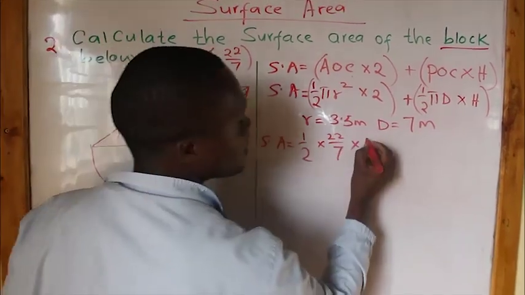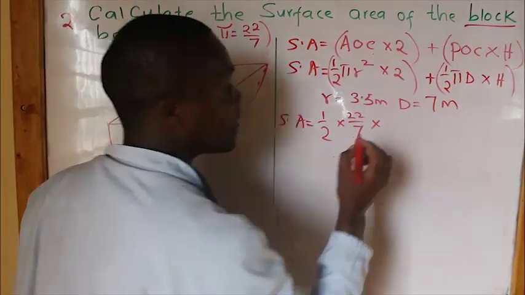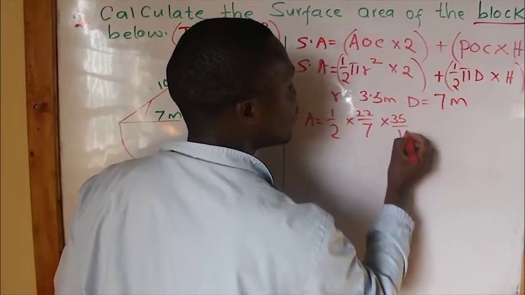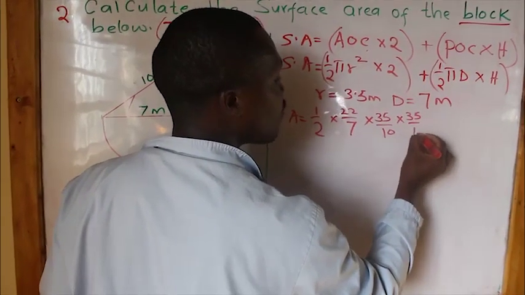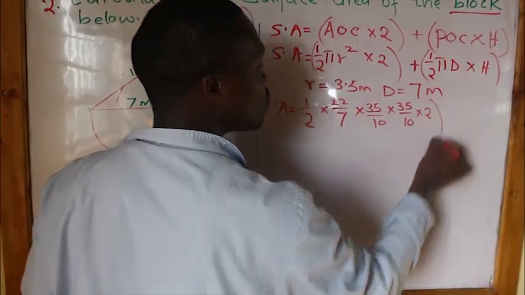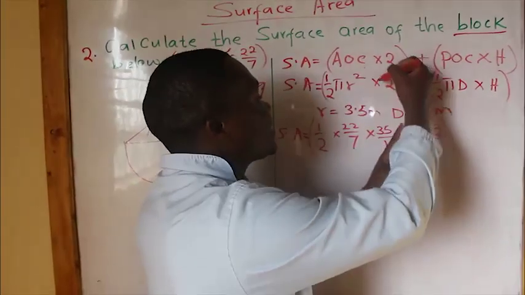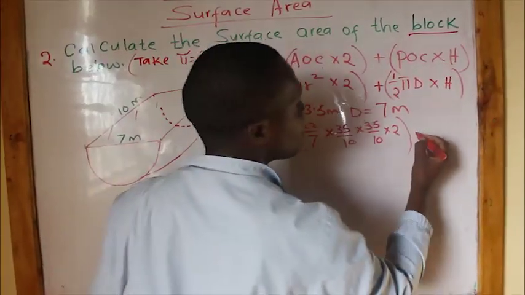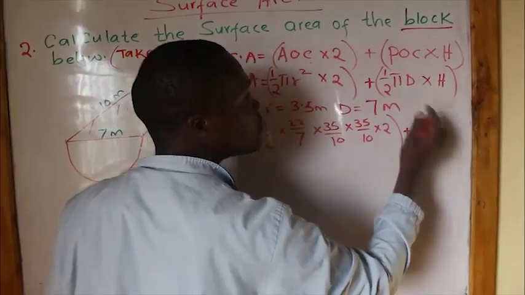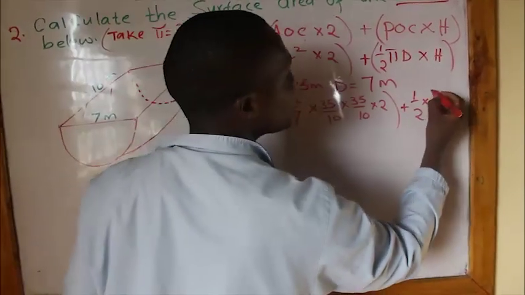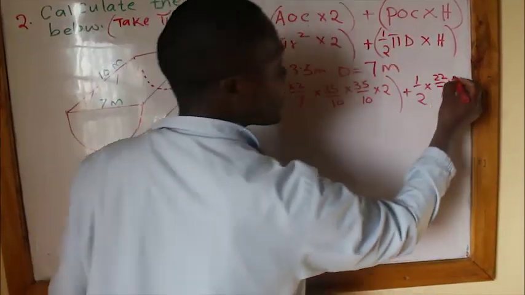Because it is 3.5, let us write this as a fraction, 35/10, in order to avoid decimal numbers, times 2. That's according to the formula. Then plus a half times pi, which is 22/7, times the diameter of the circle, which is 7.